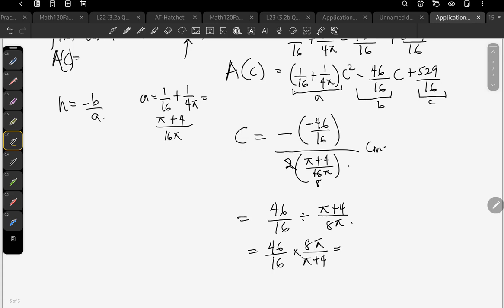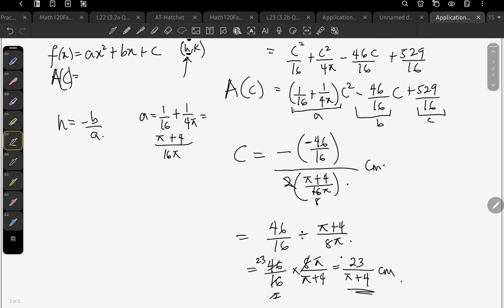And that is going to give us 8 in 16, 2 in 46, 23. So that will be 23 over pi plus 4 centimeters. So this is the circumference that will give us the minimum area.